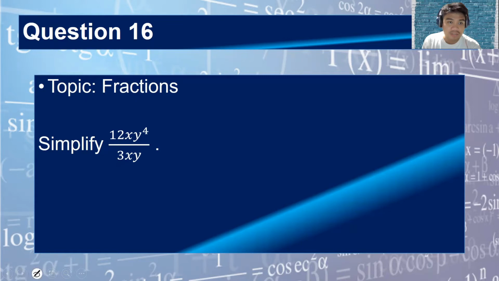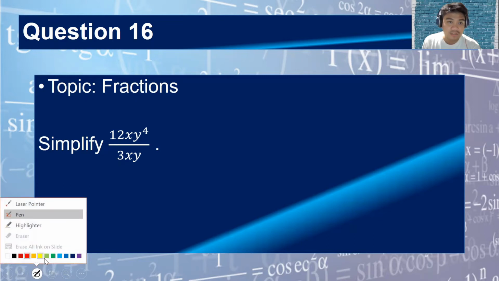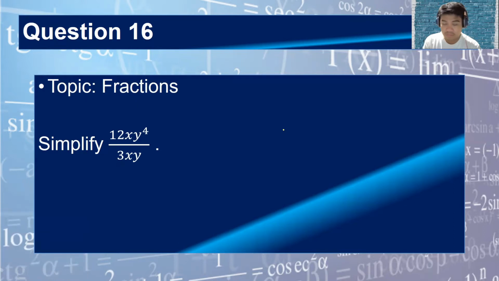So you have here 12 over 3, and then for x over x, and then we have y to the fourth power all over y.